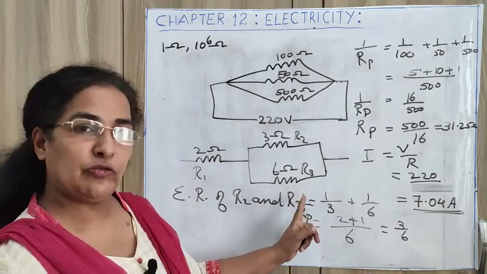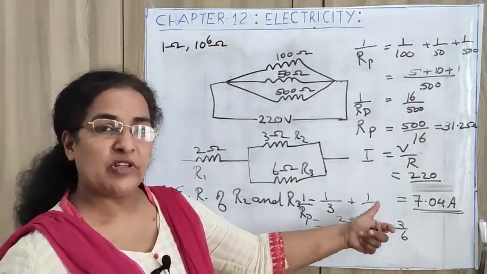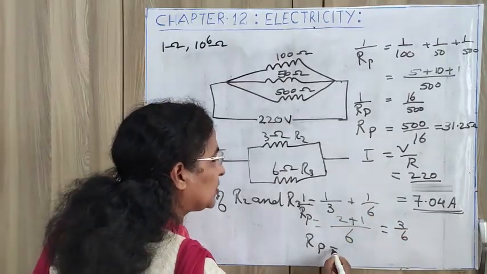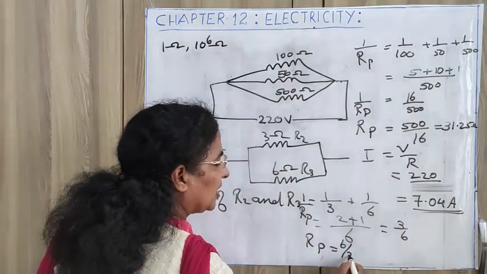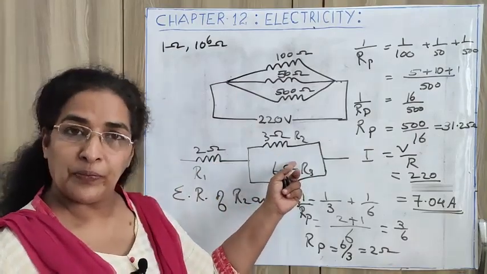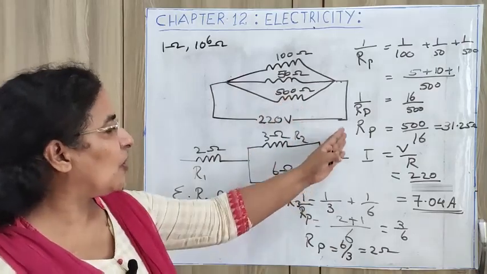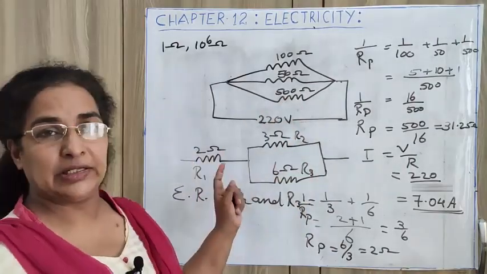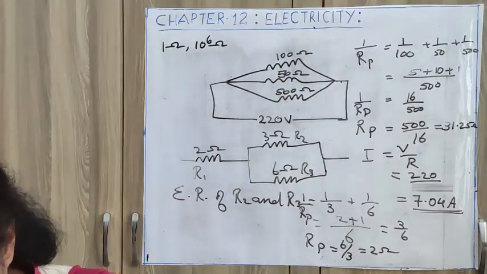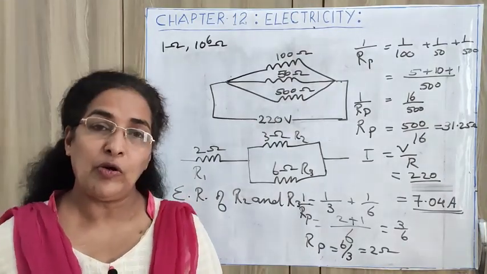This I can find out only in this way. This is the parallel one. 1 upon Rp is equal to 1 upon 3 plus 1 upon 6, that is 2 plus 1, 3 by 6. So Rp will be equal to 6 upon 3, that is equal to 2 ohm. So now 2 ohm and 2 ohm, 2 plus 2 will be 4 ohm. So this is how we have to connect these three resistances, so that we will get 4 ohm as the effective resistance. And the second part you can do yourself, because it is 1 ohm.